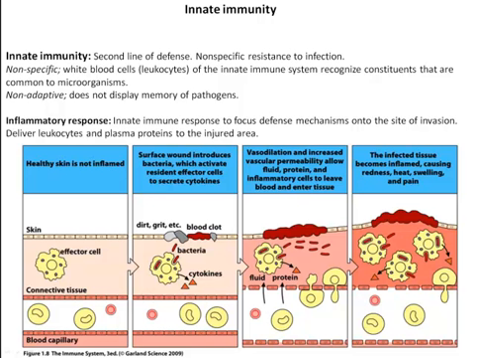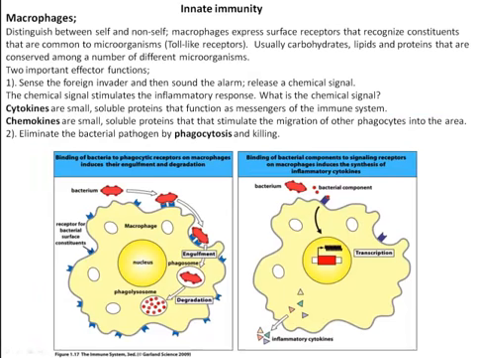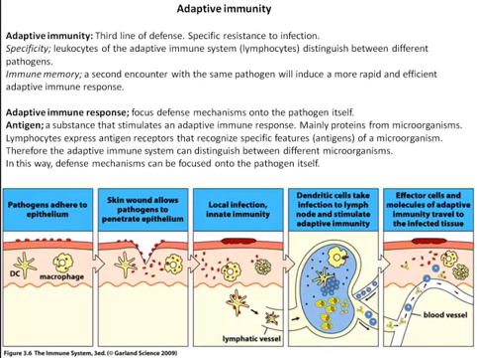So the take-home message here is that macrophages orchestrate an innate immune response once they recognize the tissue damage along with a foreign invader. And most likely, tissue damage will always involve the introduction of a microorganism. And so it's the job of a macrophage at that point to focus defense mechanisms onto the site of invasion.